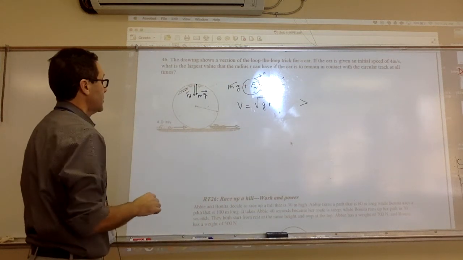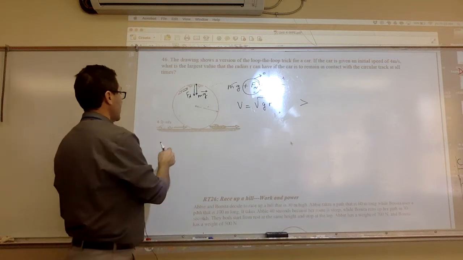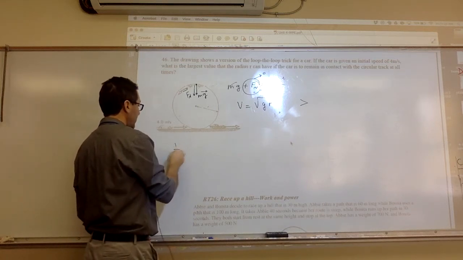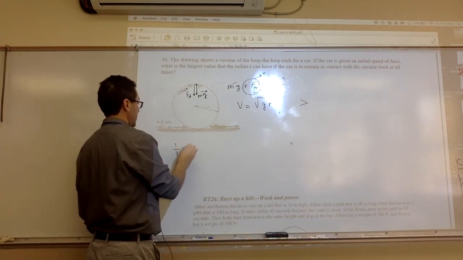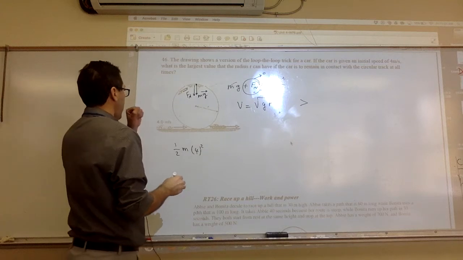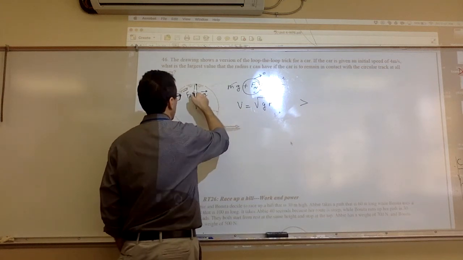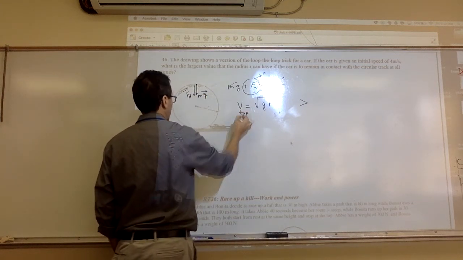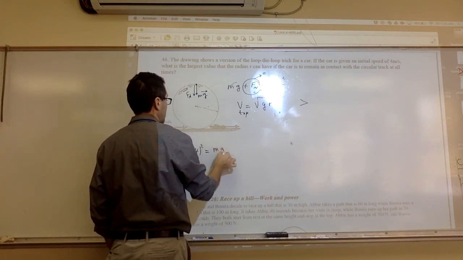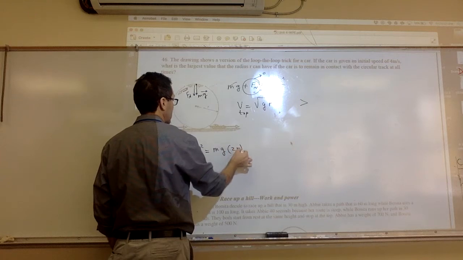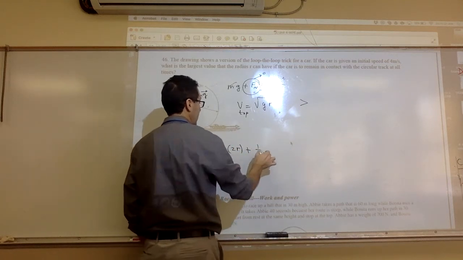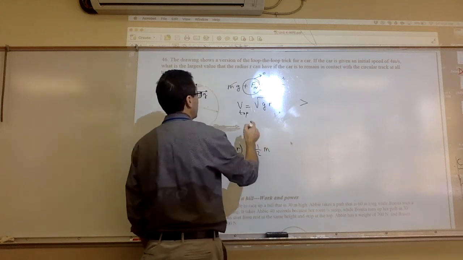Now let's do the conservation of energy. The energy down here is 1/2 m v squared. This velocity here is the velocity at the top. It equals mgh, where the h is 2 times the radius, plus 1/2 m v squared.